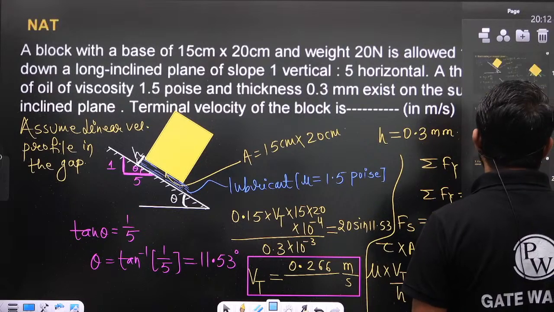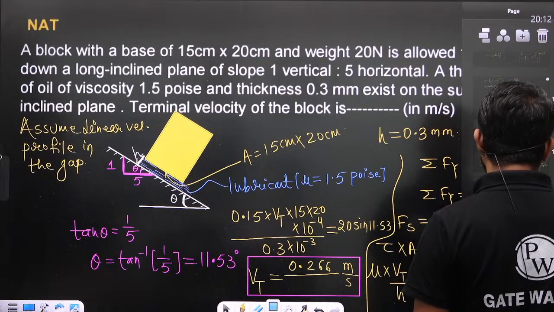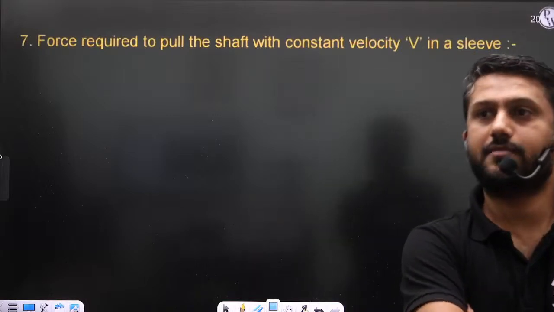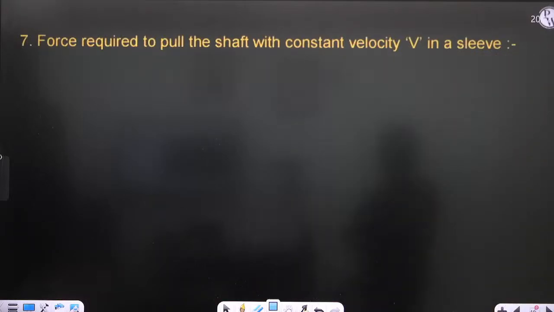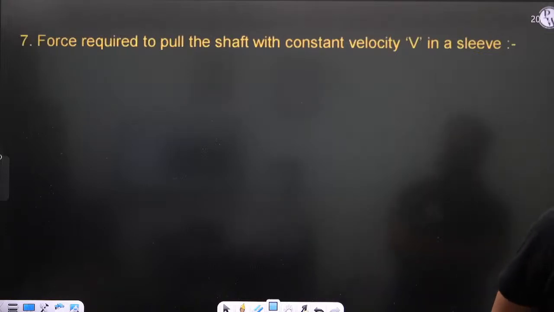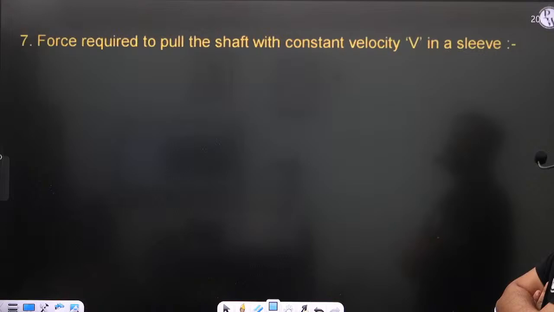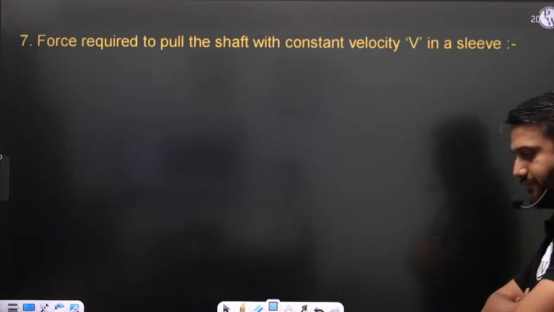Okay, now come to case number 7. In case number 7, we need the force required to pull the shaft with constant velocity V in a sleeve.